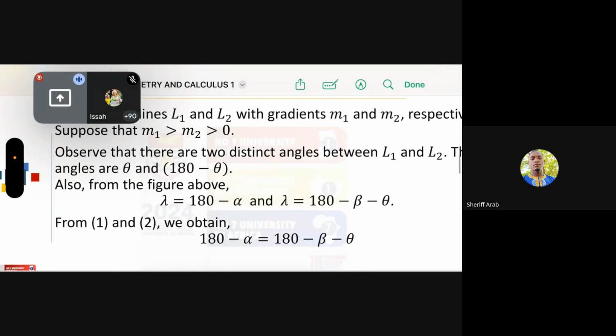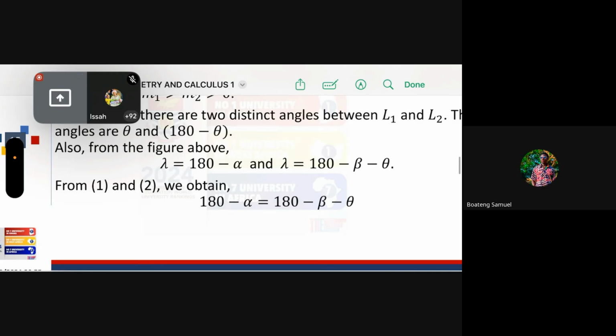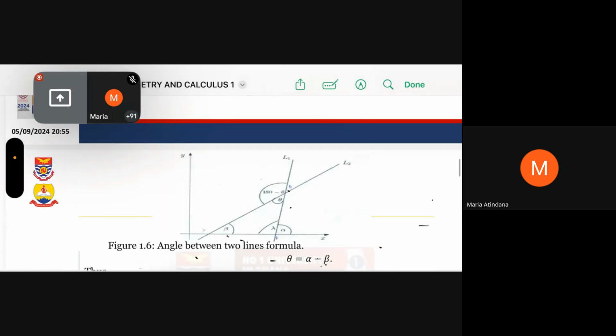Okay. So I have lambda is equal to 180 minus alpha, and lambda is equal to 180 minus beta minus theta. When I equate the two, I have 180 minus alpha is equal to 180 minus beta minus theta. I hope you understand this. So I can make theta the subject.